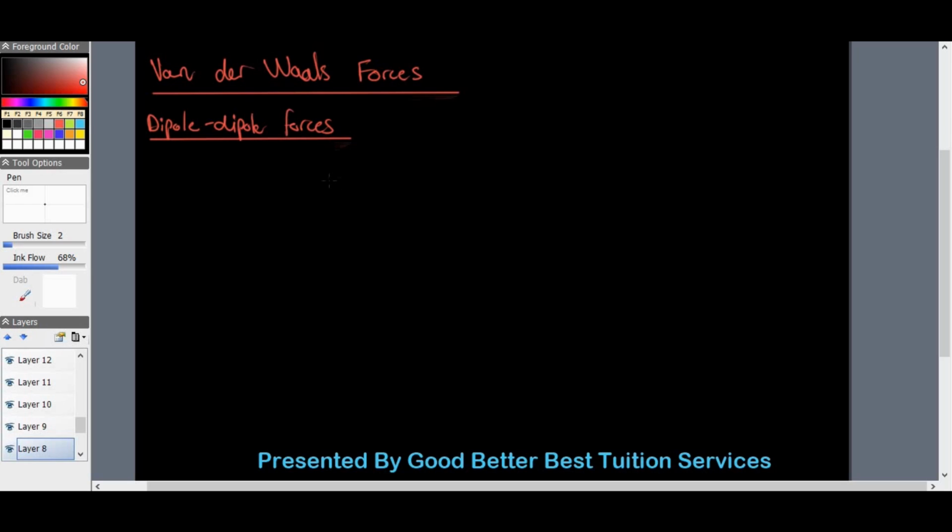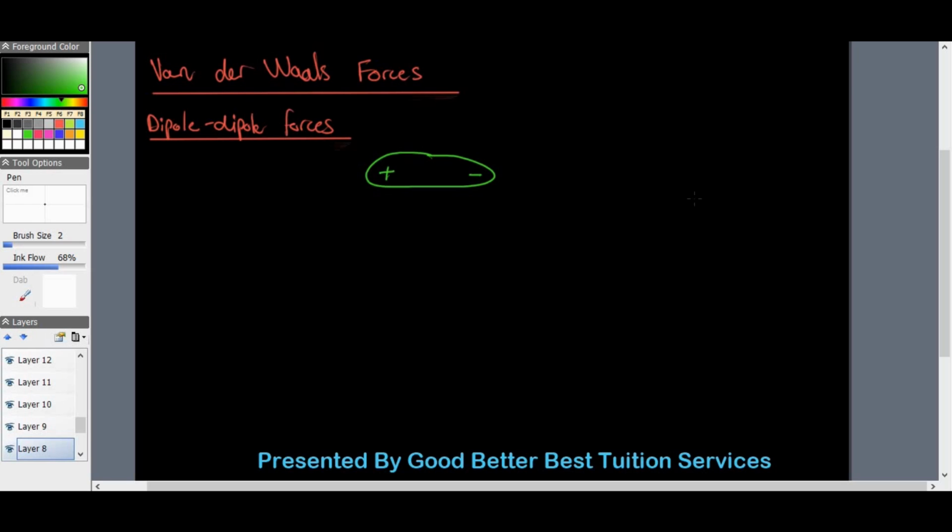So when a polar molecule encounters another polar molecule, let's draw a polar molecule again like we did previously. We don't have to give it a name or anything, it just has a positive side and a negative side. When a polar molecule encounters another polar molecule of the same or different kind, of course, the molecules will interact with each other.